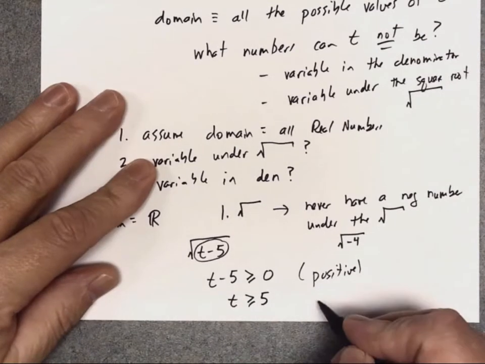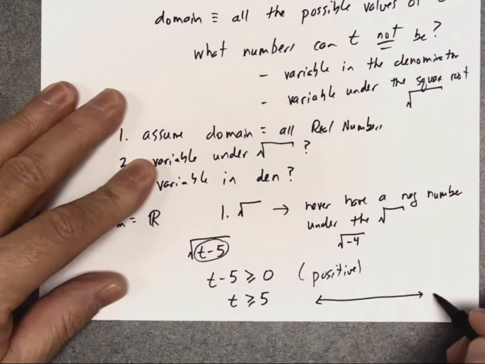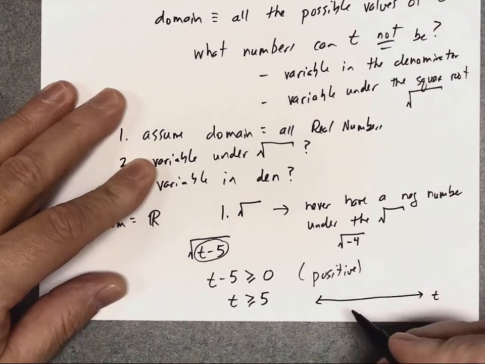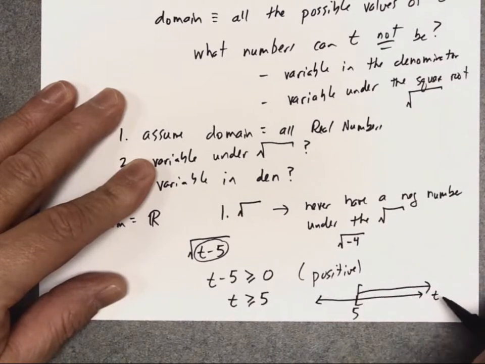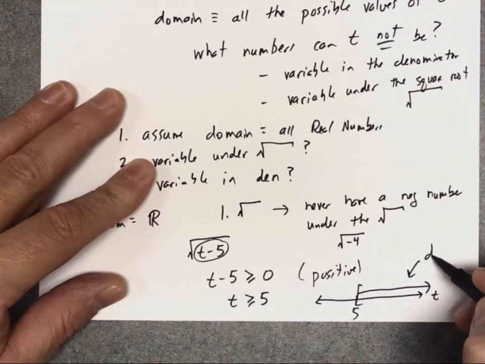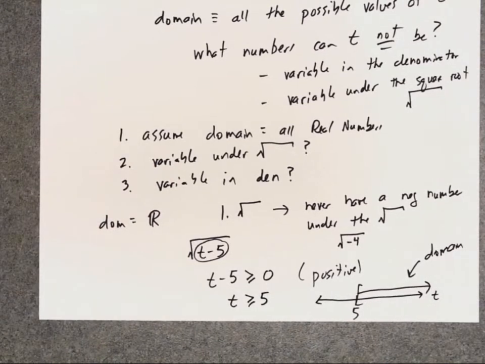Matter of fact, if I were to sort of graph it, so if I say 5 is right here, in a sense, what I'm saying is right now, this is my domain.